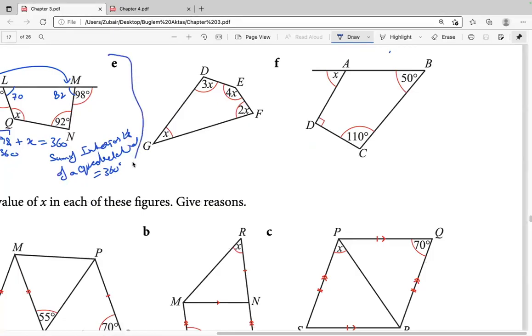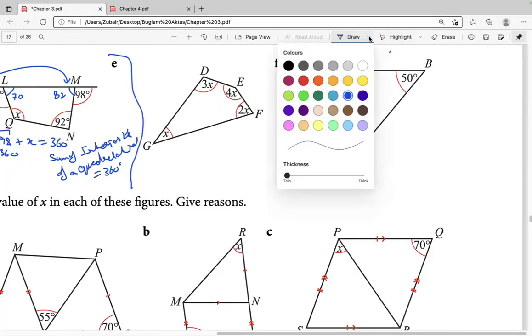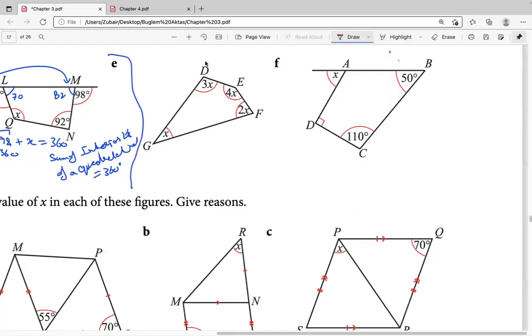Now for part E, we cannot name it. It is just a random quadrilateral, just a four-sided figure, not a kite, not a trapezium, anything. So how do we find this X?